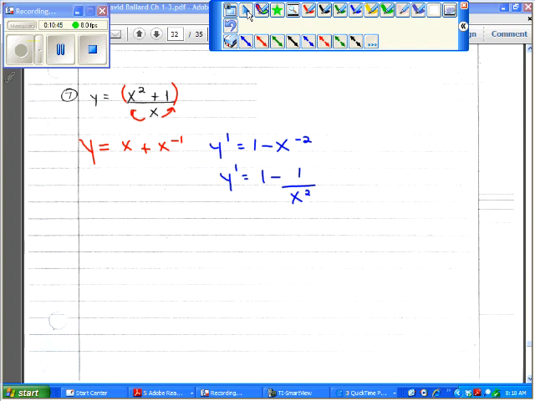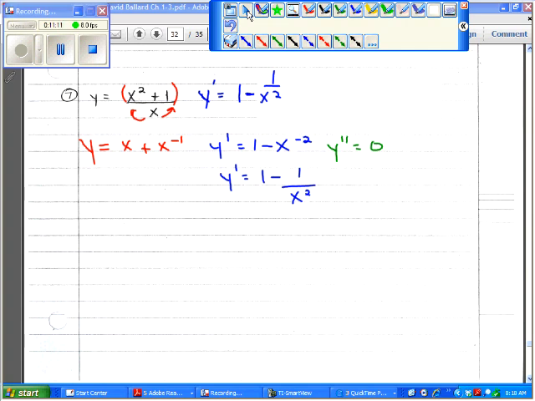So I'm going to put it up here. We're going to have y prime is 1 minus 1 over x squared. Second derivative, we're going to take it from the one beside the green there, because we need to do it from exponential form. The derivative of that constant 1 is 0.